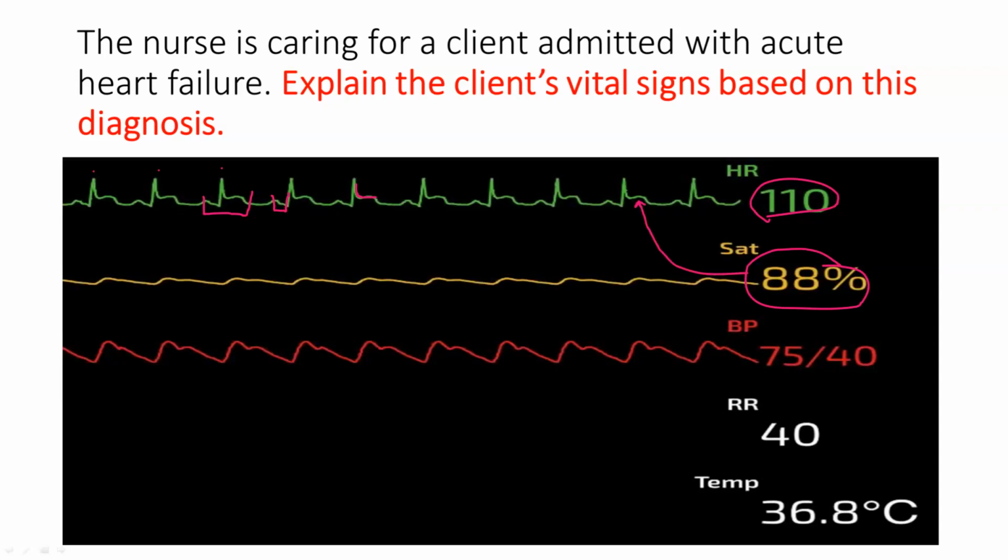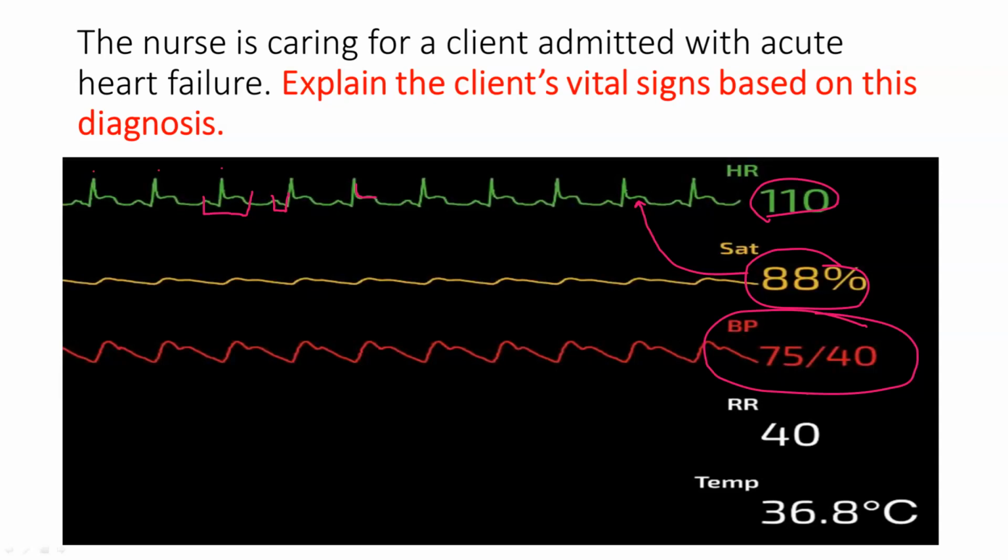How do I know I have a bad pump? Because I look at their blood pressure and I see that their blood pressure is 75/40. So if you've got a bad pump, you cannot maintain perfusion. And at 75/40, I don't even have to calculate that MAP to know that it's bad. We know anything less than 90 is indicative of poor perfusion.